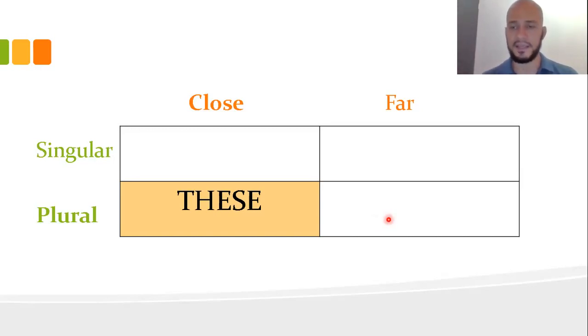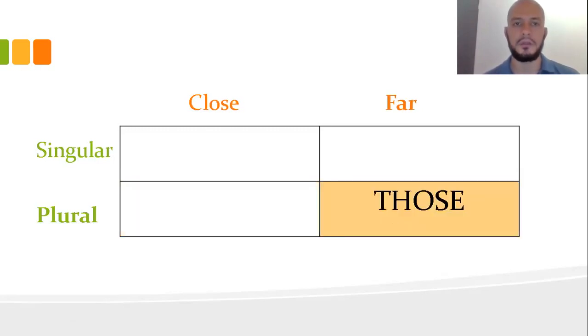That's the idea I have related to the distance between me and, of course, the nouns. So if that's the case, I'm going to use those. If you remember this, there is no way you can make a mistake when using these demonstrative adjectives.